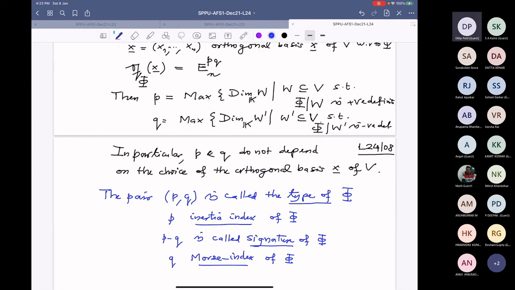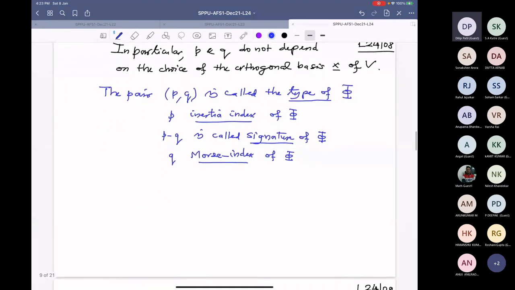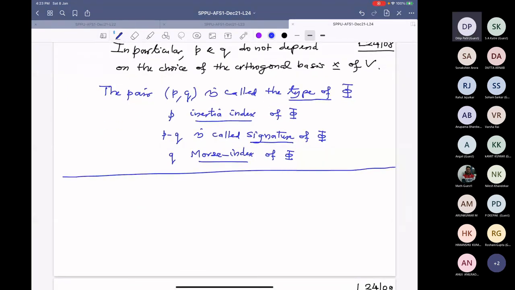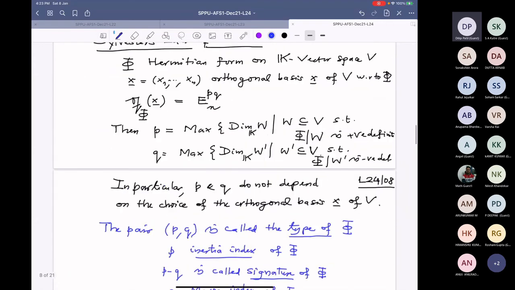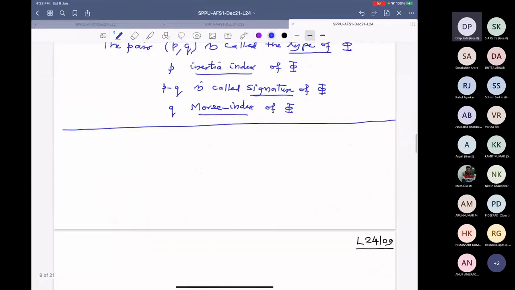So this computation of P and Q is very important. How does one compute P and Q? See, always this is a theory, but when the problem comes, how does one compute, and how is it related to the zeros of the characteristic polynomial and so on, because matrices are involved.